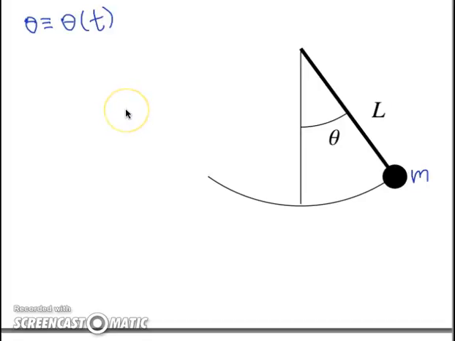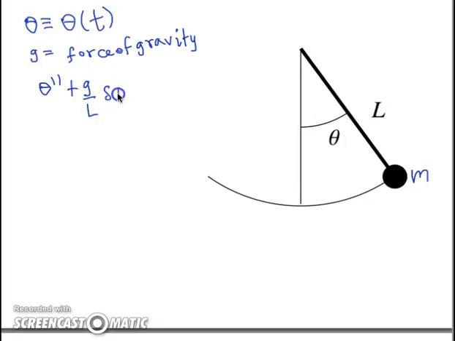Okay, so we can involve here a constant g, which denotes the force of gravity. And we can then derive the equation theta double prime plus g over L times sine of theta equal to 0. If you want to know where this comes from, maybe we can make an argument.